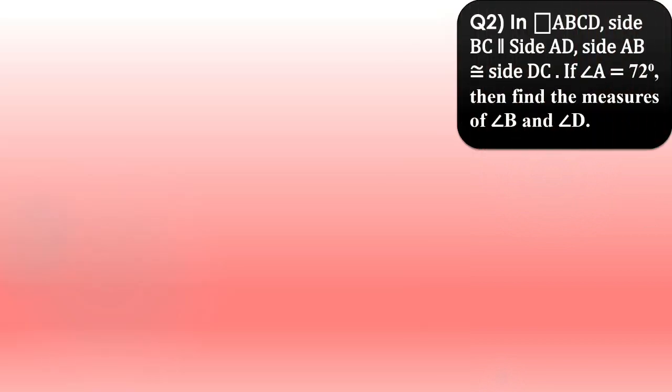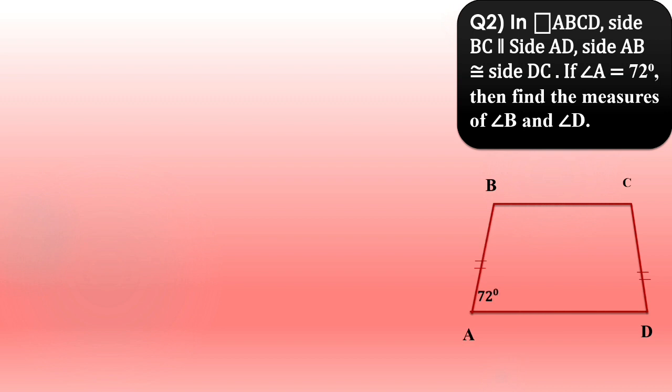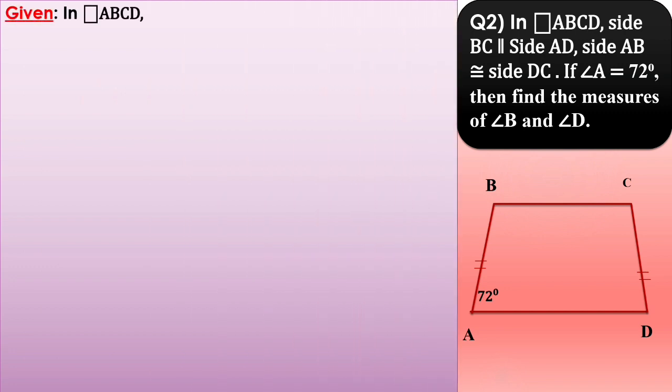Now question number 2. In quadrilateral ABCD, side BC is parallel to side AD. Side AB is congruent to side CD. If angle A is 72 degree, then find the measure of angle B and angle D. Solution.